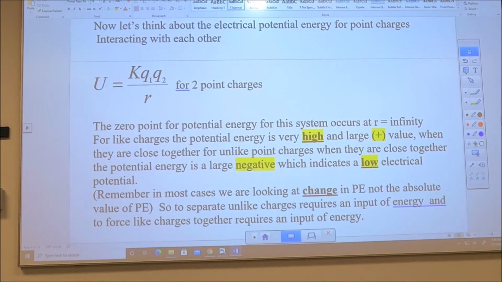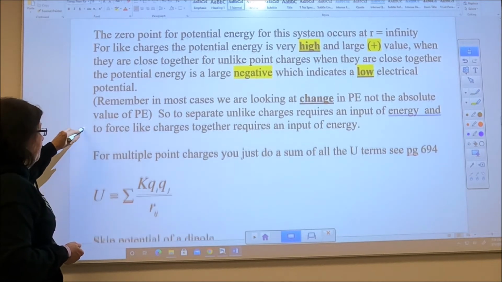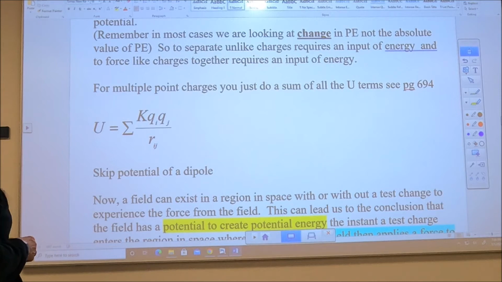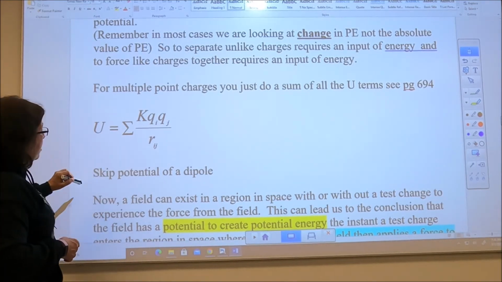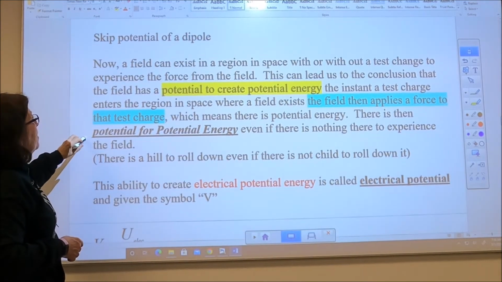It takes some external force to pull them there. For multiple point charges, you sum the potentials for all of the combinations and all of their distances. We're not going to worry about that too much, I just wanted to bring it up. We're not going to look at the potential of a dipole, so you can skip that little section.